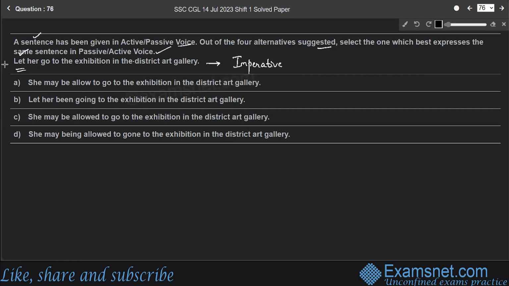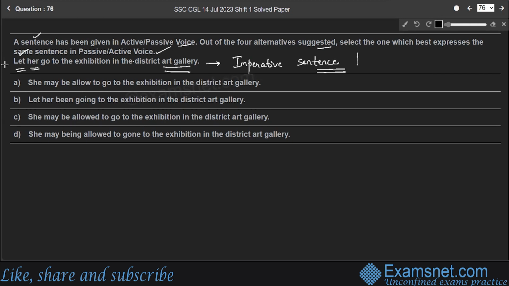Imperative sentences generally do not have subject. And it is followed by her. Her is the object form, right? So let her go to the exhibition in the district art gallery. So first we have to decide whether the given sentence is in active voice or passive voice, right?